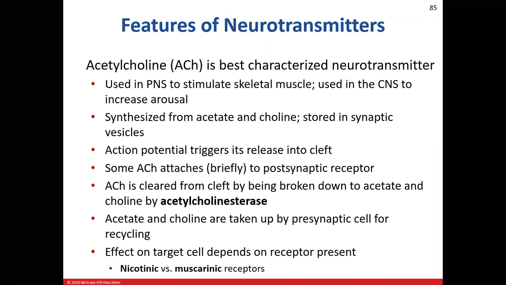And these are going to include nicotinic receptors and muscarinic receptors. But again, this slide in particular really isn't anything new compared to what we've already talked about with skeletal muscle and the neuromuscular junction. All of these characteristics are really the same characteristics that we talked about when we discussed the neuromuscular junction.